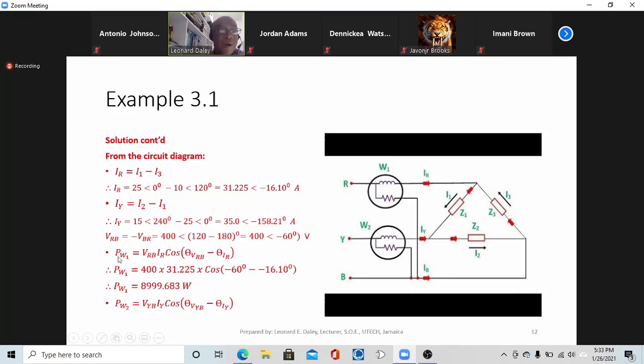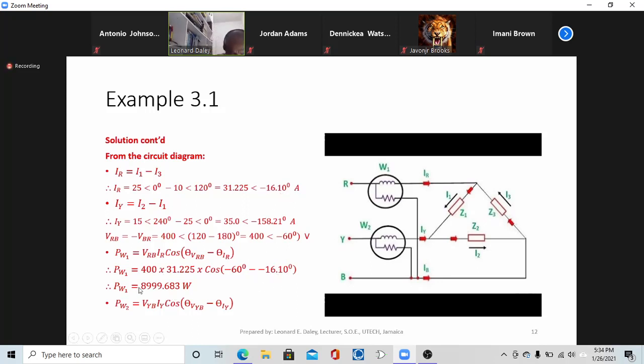The wattmeter power is given by VRB times IR times the cosine of the phasor difference between those two phasors, so the cosine of the angle of VRB minus the angle of IR. Putting those into the formula: 400 times 31.225, times the cosine of minus 60 for VRB minus minus 16.1 for IR.